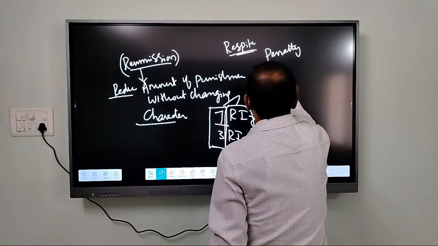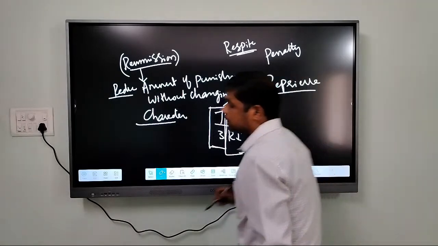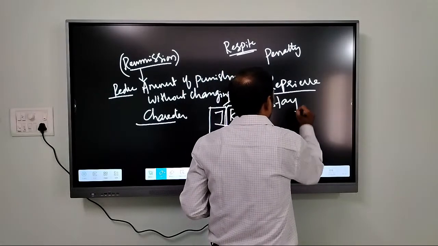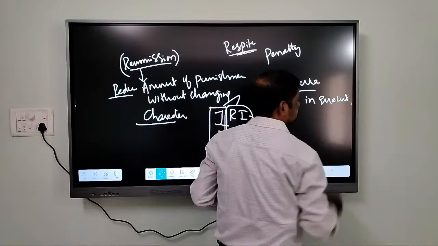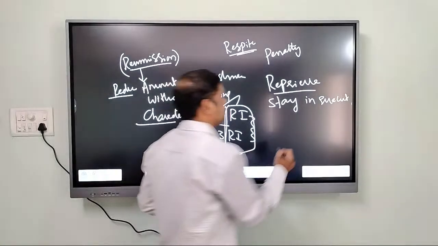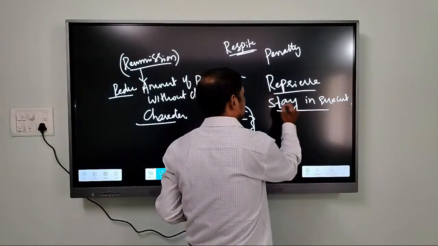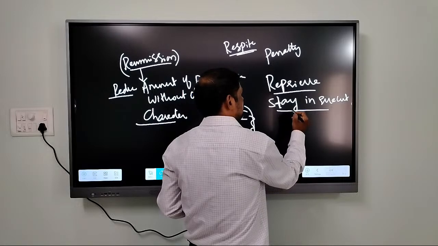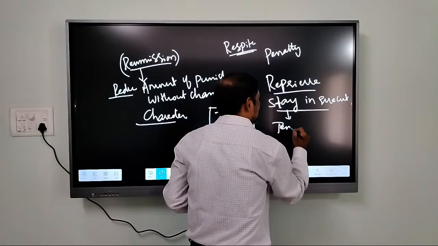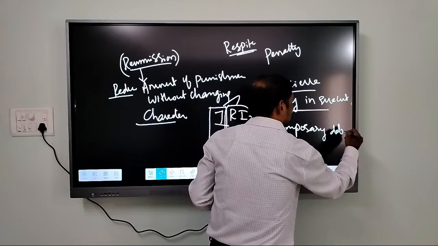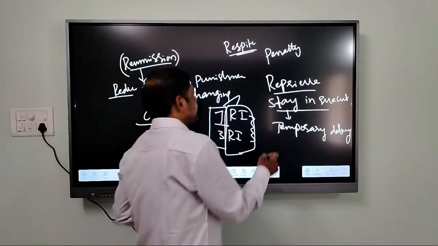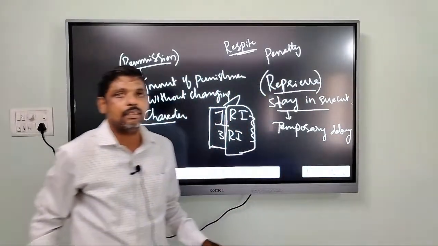Coming to reprieve, another judicial power is reprieve. Reprieve means a stay in the execution of punishment, a temporary delay that can be caused in the imposition of punishment.